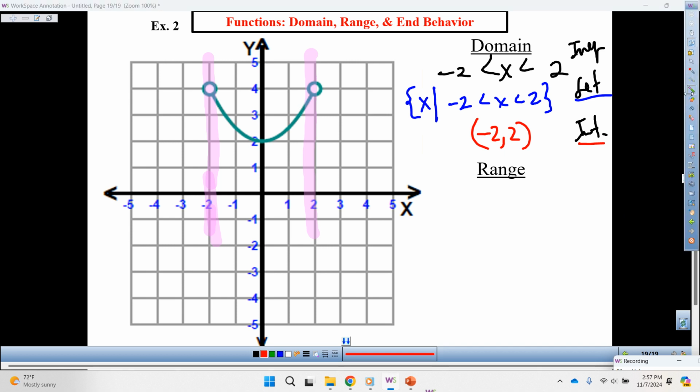All right, pass someone for the range. Range, between what y values do we need that graph? Tanya? Between 2 and 4, hands, if you got that? That is correct.